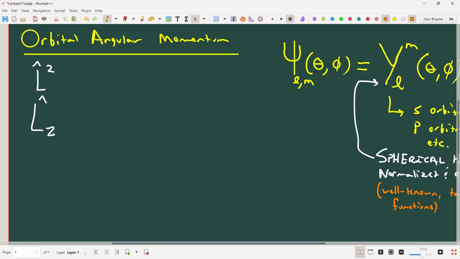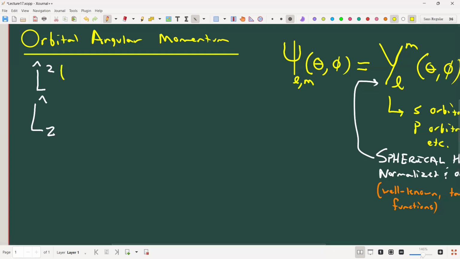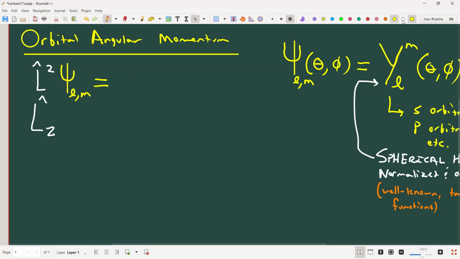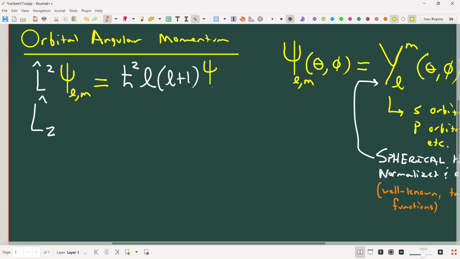They tell you something about where the electron is relative to the proton at fixed angular momentum. And then we have, again, the angular momentum is defined by two operators. One is L squared. And this is applied to psi with quantum numbers L and M. We get H bar squared L times L plus 1 times our wave function.